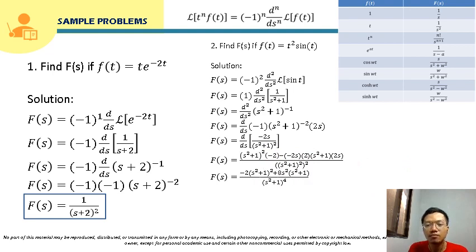Okay, so from here, we will simplify this. Simplifying this, we just multiply it. After multiplying it, we can factor out s squared plus 1 from here.